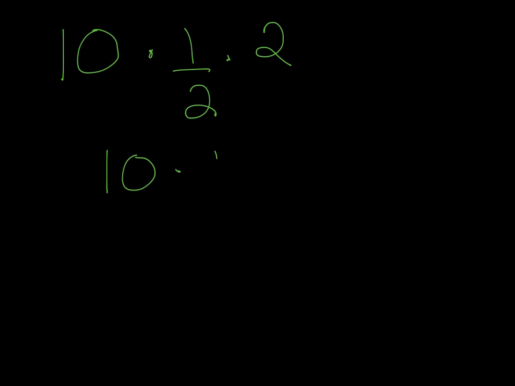Let's look at another example. Let's say we have an expression that looks like 10 multiplied times 1/2 times 2. And then the next line is going to look like this, 10 times 1, and then your third line is simply going to simplify to 10. So what property did we use to go from line 1 to line 2?